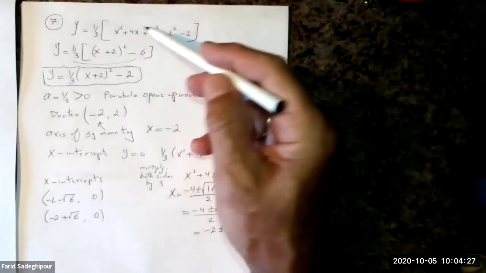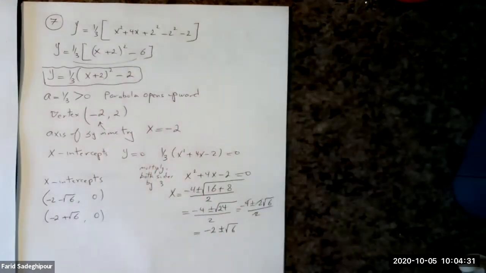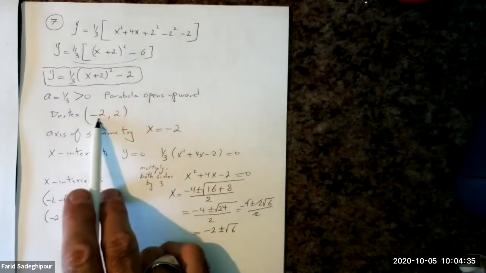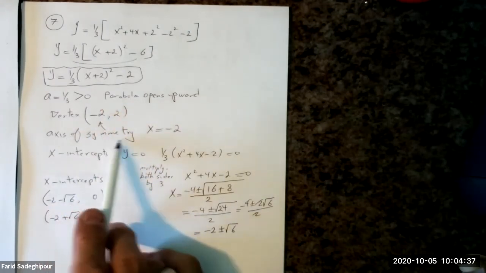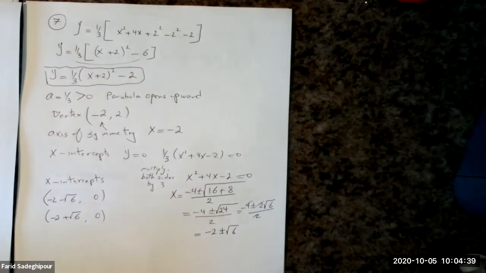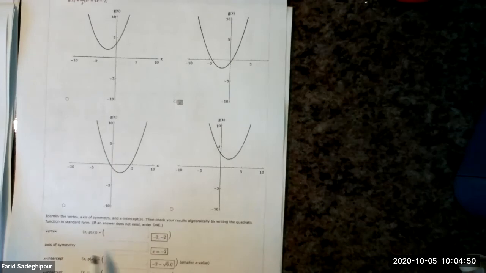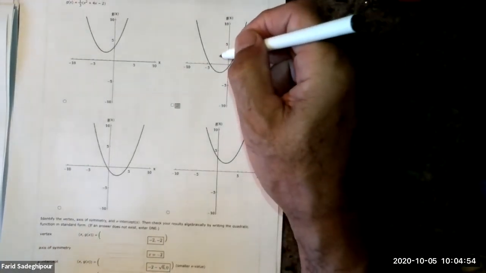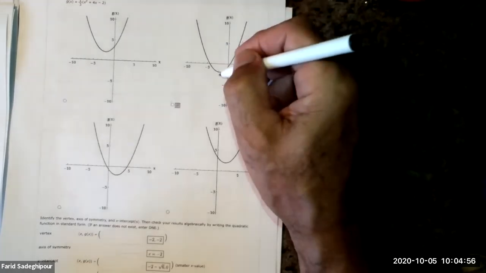See, half of 4 is 2, to the power of 2 minus 2 to the power of 2, and then you come up with this. Remember, this h and k, h also is the axis of symmetry, x equals minus 2. So here they ask you for the axis of symmetry, x equals minus 2, which is a line that goes here.